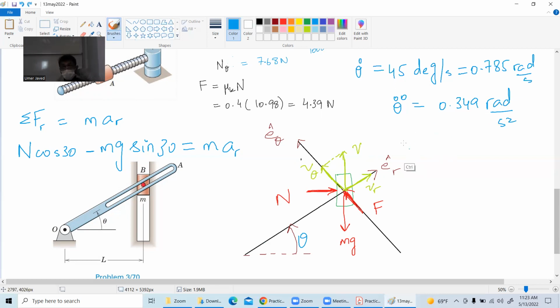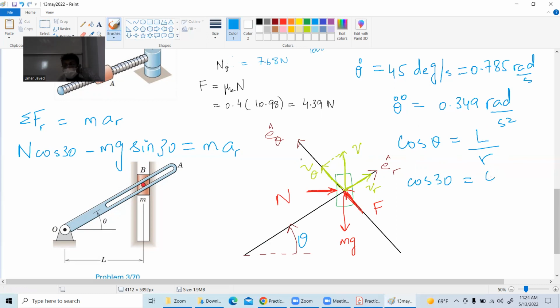Then I will say cos theta is equal to base over hypotenuse. What is the hypotenuse? R. Yeah, okay. Then cos 30 is equal to base, did they give us the L value by the way? Yeah.